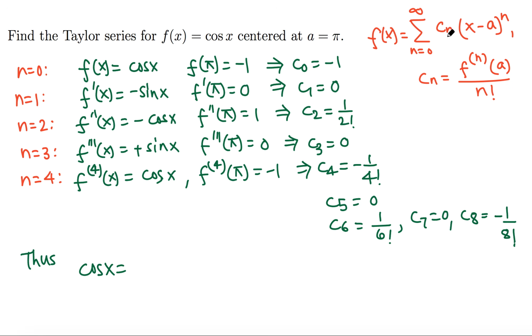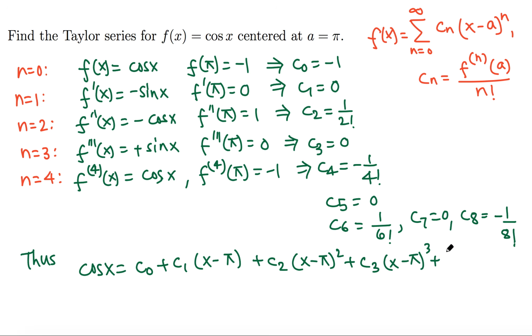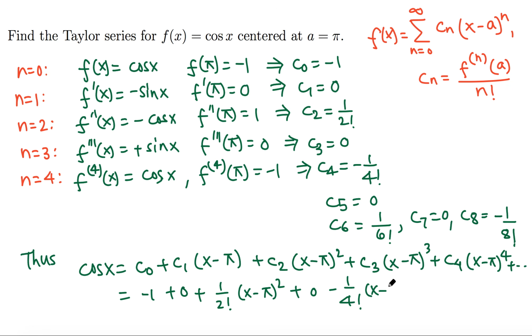When we expand this, we get c0 times (x minus a) raised to 0, that's 1, so c0, plus c1 times (x minus pi), plus c2 times (x minus pi) squared, plus c3 times (x minus pi) cubed, plus c4 times (x minus pi) raised to the 4th, etc. Which is: c0 we found to be -1, c1 is 0, c2 is 1 over 2 factorial times (x minus pi) squared, plus c3 is 0, c4 is -1 over 4 factorial times (x minus pi) raised to 4.